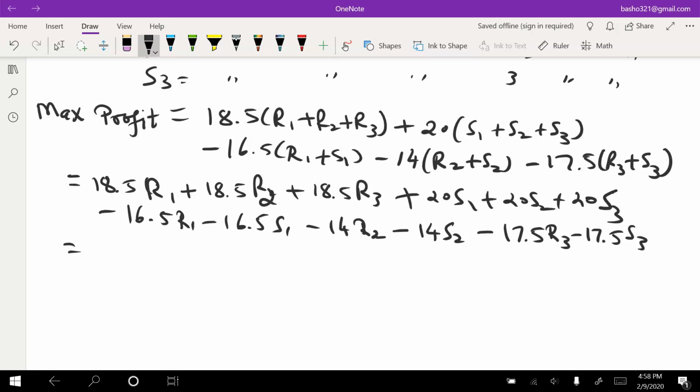This will further simplify as like terms.